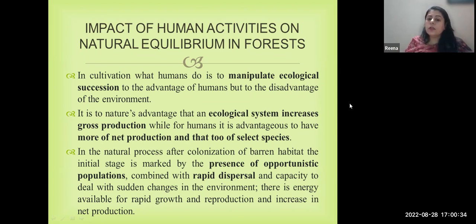So in the natural process, after colonization of barren habitat, the initial stage is marked by the presence of opportunistic populations. So these kinds of changes in the environment at a larger scale, when we are utilizing a large mass of land for cultivating a monocrop or only restricted species of plants and animals which can be utilized for human consumption, that is also causing loss of diversity. Okay, and also lack of natural equilibrium in forest.